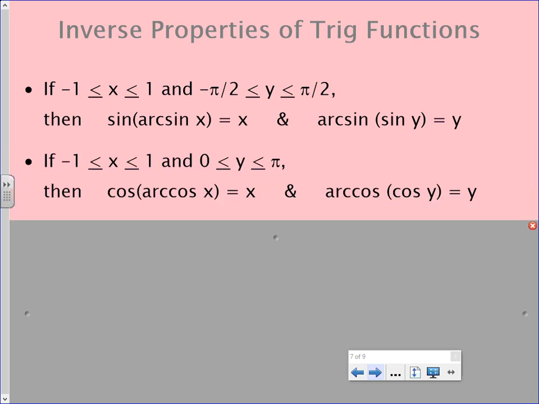Same thing for our inverse cosine and cosine functions, except x was between negative 1 and 1, but now our angle needs to be between 0 and pi for them to be able to cancel out and undo each other.